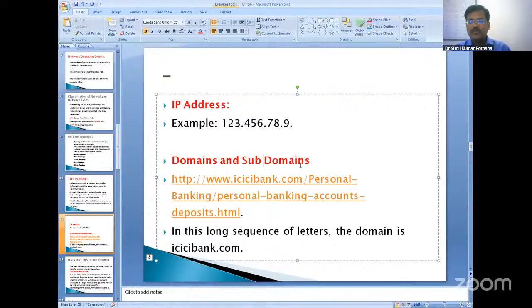Just as our homes have addresses, each computer has its own IP address.